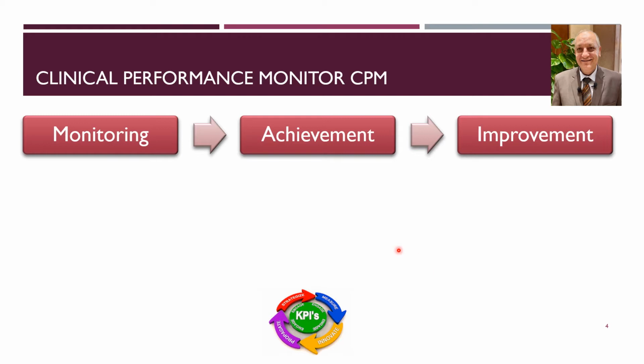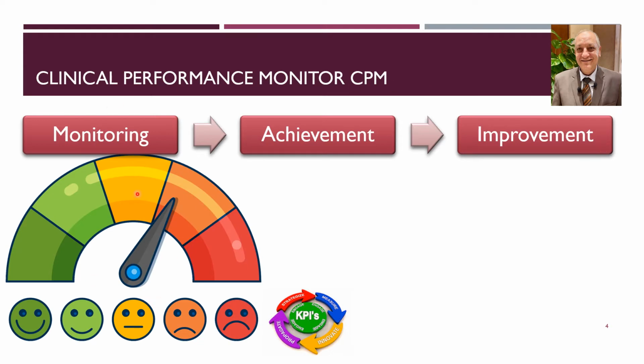And the clinical performance monitors, the CPM, is on 3 stages. Stage 1 is how to monitor the patients, and then how to score the clinical as well as laboratory findings, and if failure, how to improve.